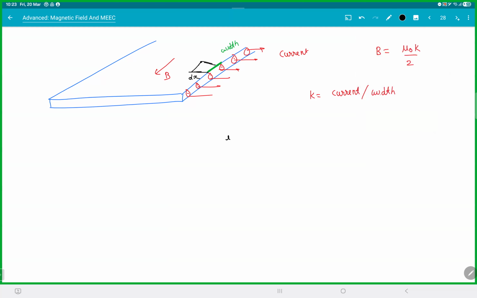So current I will be the charge, sigma into dx into the width w, by time. Time is dt. So that would be sigma v w. That's your current. So I by w is sigma v. This is your width.